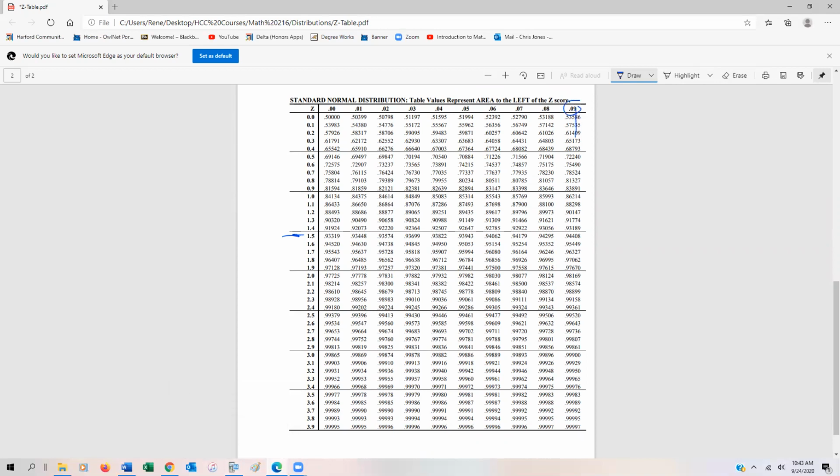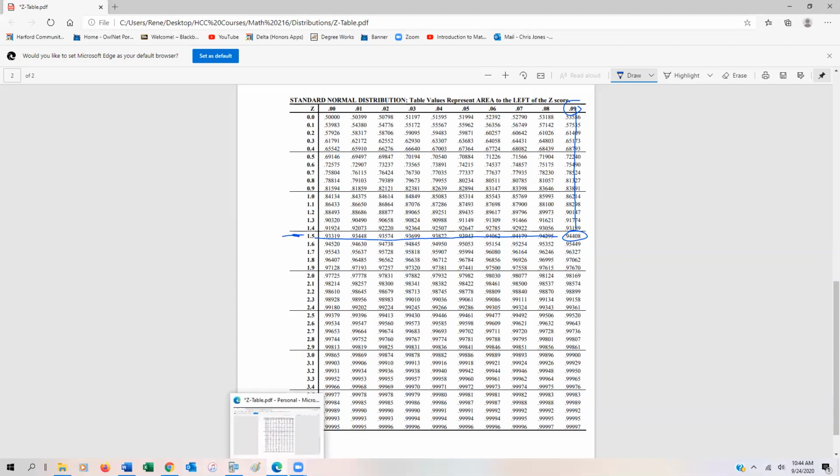We're just going to line it up like crosshairs. And we're going to go over, and right here is the probability, 0.94408. So the likelihood that we're going to be 1.59 standard deviations above the mean means that 94.408% of the data is below that value.